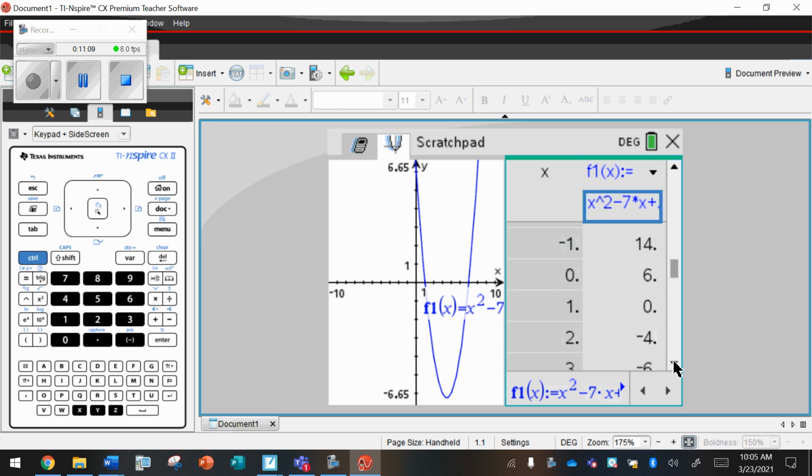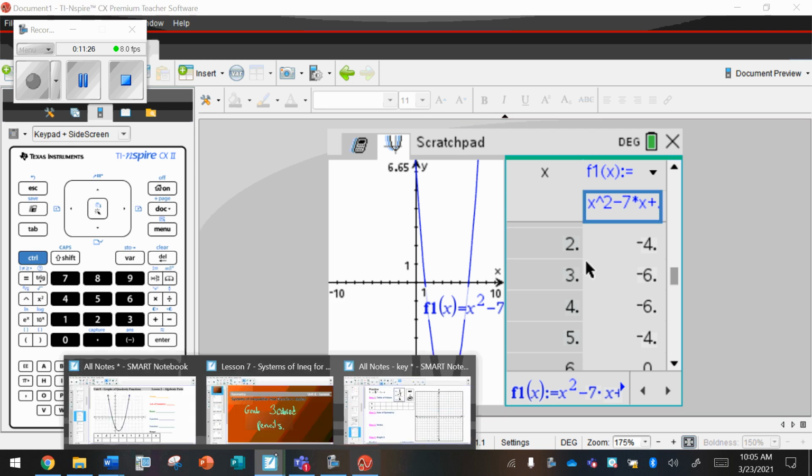And I'm looking for the middle of the y values, so I don't have an exact middle. Look at that. It's somewhere in between -6 and -6, so it's going to be somewhere in between 3 and 4.